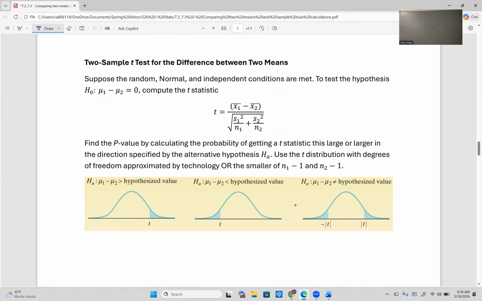If we are one-sided, we are either finding that t, the probability of the upper tail or the probability of the lower tail, and that is just the p-value, or we need to double that probability for a two-sided. So on a one-sided test, we just find our probability, that is our p-value. For a two-sided, we double it to get our two sides.